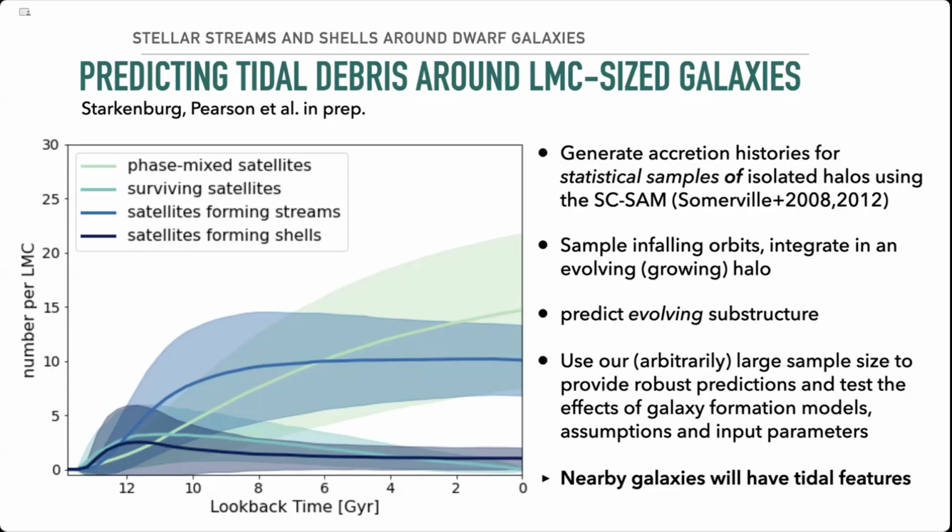However, the part of this project that I'm still working on is the observability of shells. I have a sense of how long streams survive, but I'm still working on how long shells survive. And so even though you might have less shell formation at late times, I think there's actually a likelihood they stay visible for a longer time.